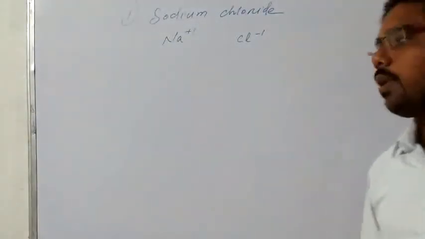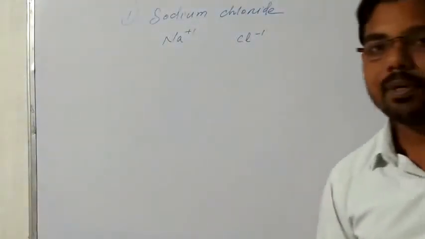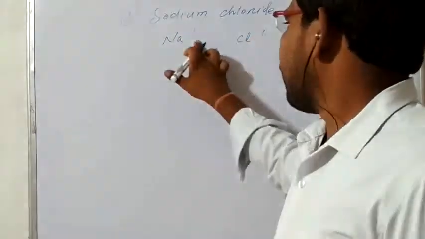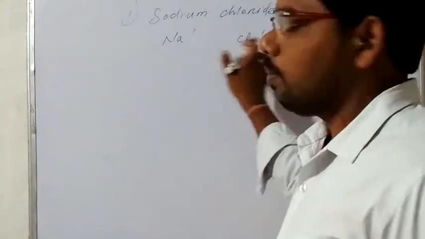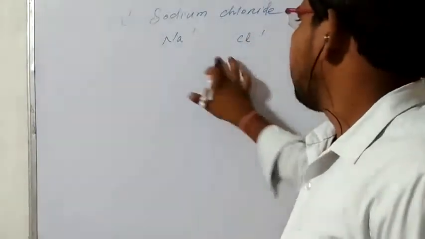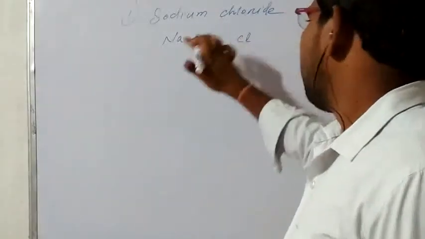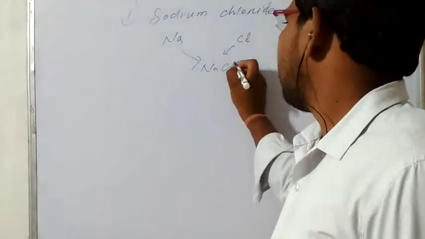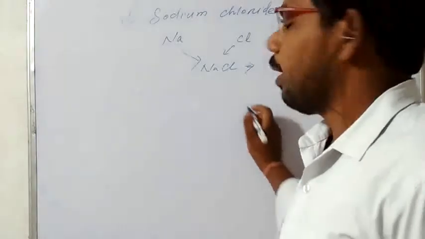Okay, so when writing the compound, one thing you remember, the signs plus and minus will be omitted, and second, if the same charges 1 1 or 2 2 or 3 3 are present, then we have to remove or cancel them. So here will come Na and here will come Cl. So the sodium chloride formula is NaCl.